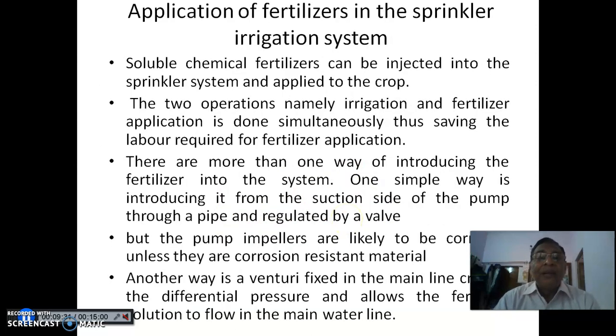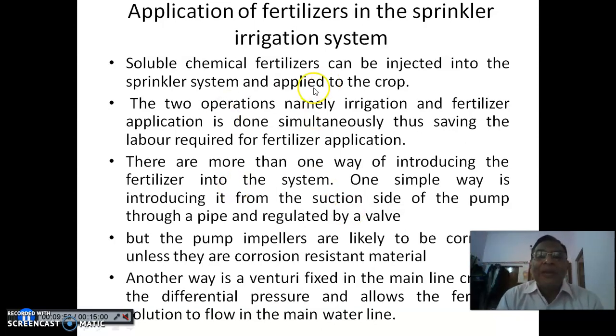Next, application of fertilizers in the sprinkler irrigation system. This is very much important, because normally you are using less water. So to just meet the roots zone system, better we add fertilizers within the water itself.